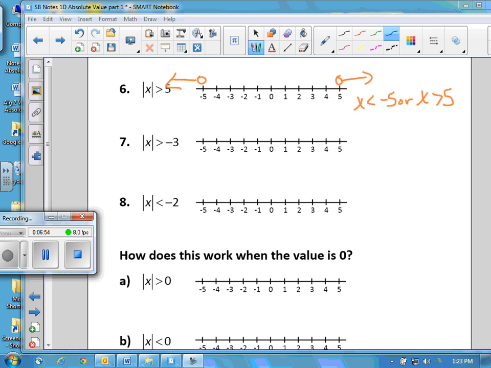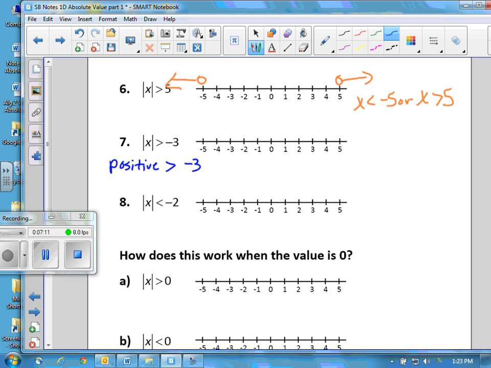Remember that absolute value is positive, so our statement actually is saying that we have a positive number that is bigger than -3. The question you ask yourself is, when is a positive number larger than -3? The answer is always. To show this on our graph, it will look like this, and we can use the symbol for all real numbers, or we can write out all real numbers.